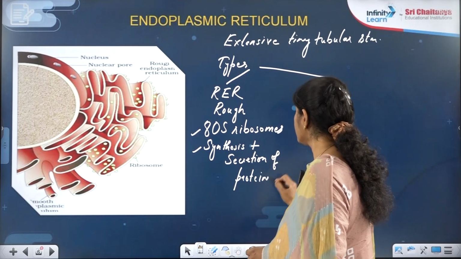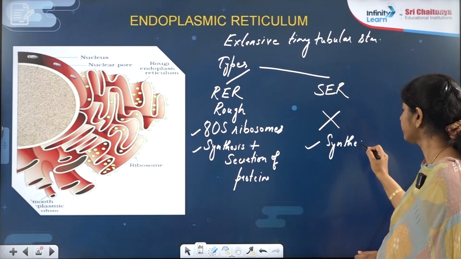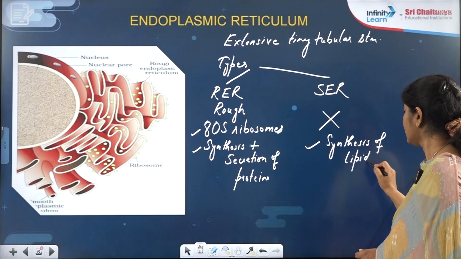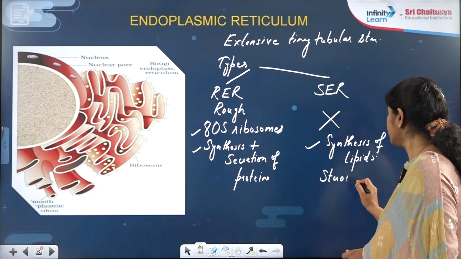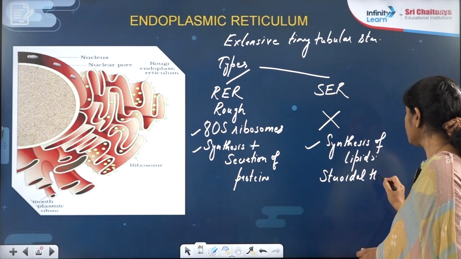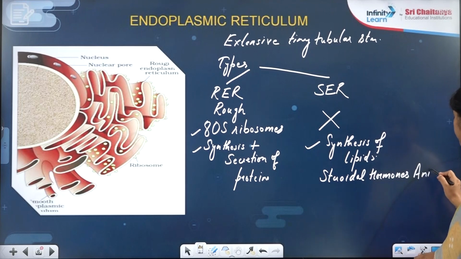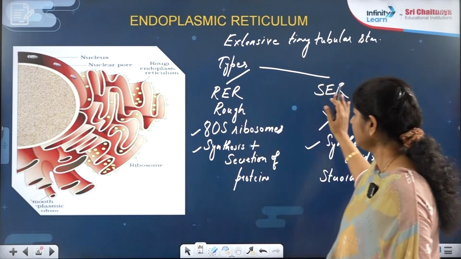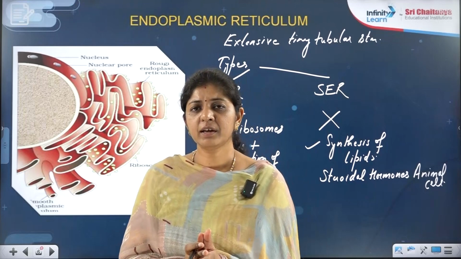But this part, smooth endoplasmic reticulum, helps in the synthesis of lipids and even of steroidal hormones in the case of animal cells. Fine. So these are the major differences between RER and SER. Either it is SER or RER.